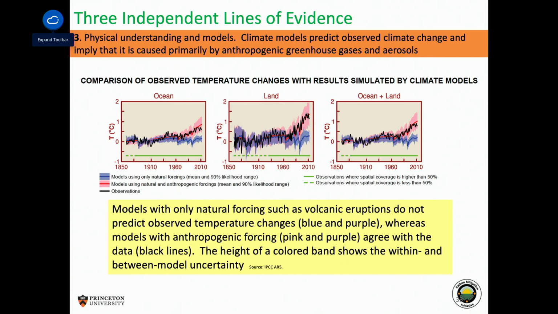Finally, there are lines of evidence that come from physics and models. The greenhouse effect is old physics, well over a century old. But climate models, invented in Princeton, the first ones, are relatively young, about 60 years old now.